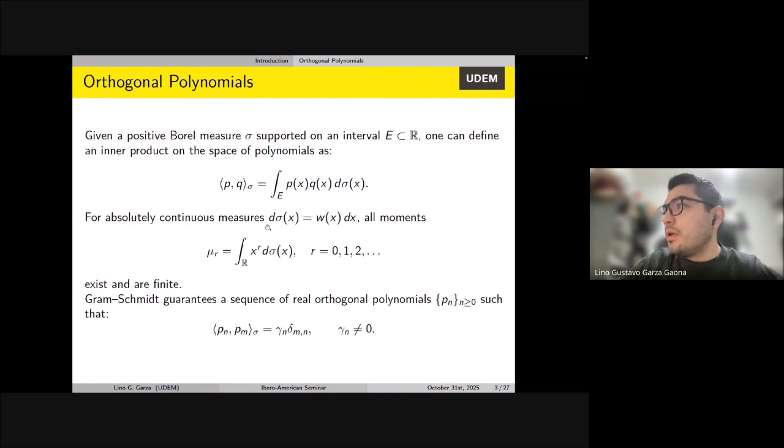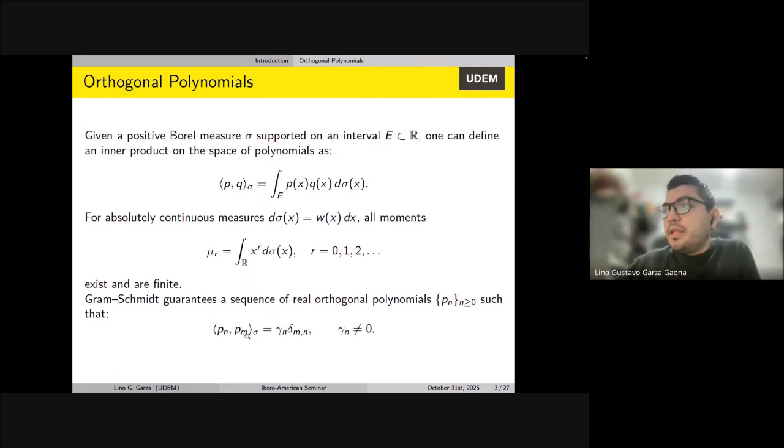For absolutely continuous measures, the moments can be represented by an integral, and they are finite and exist. And we can always use the Gram-Schmidt process to construct real orthogonal polynomials in that way. Here are the orthogonality conditions.